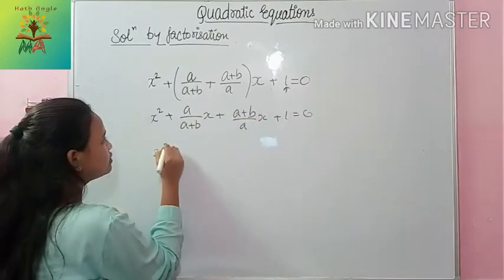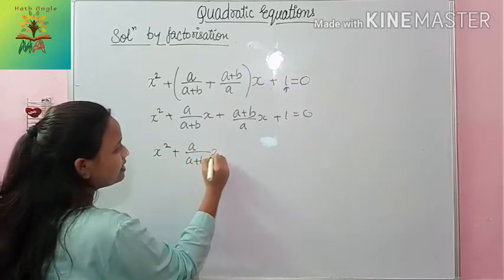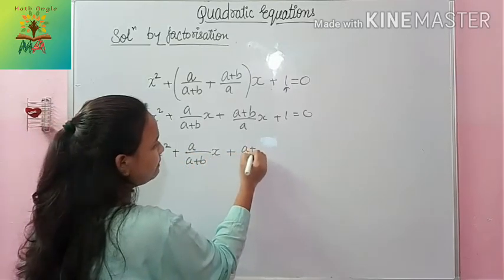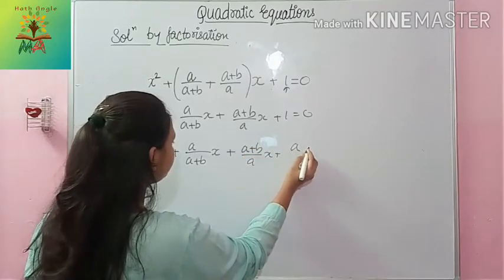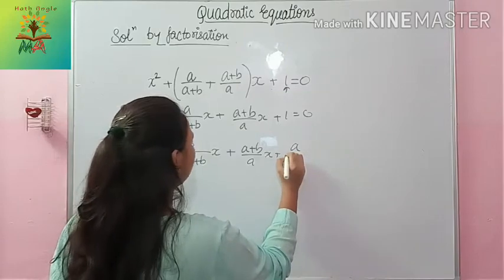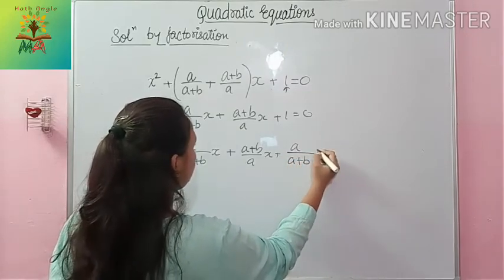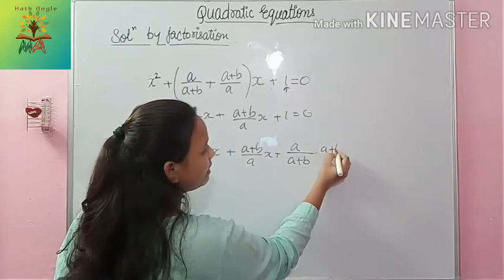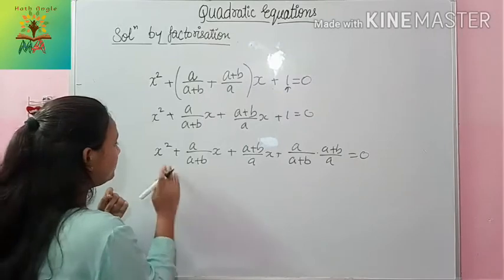So x square plus a upon a plus b x plus a plus b upon a x and this is a upon a plus b into a plus b upon a is 0. तो यहाँ से कॉमन लेंगे हम x.